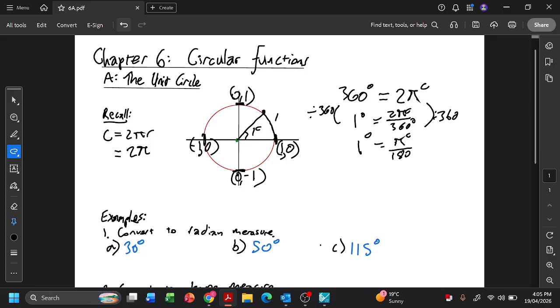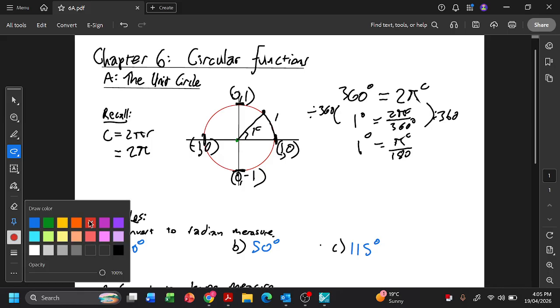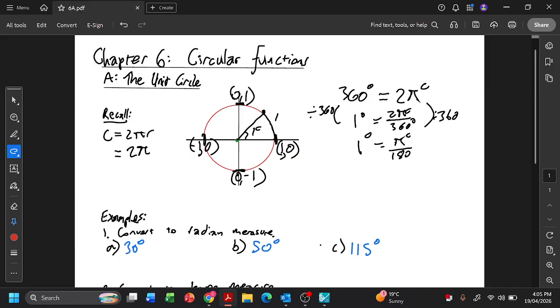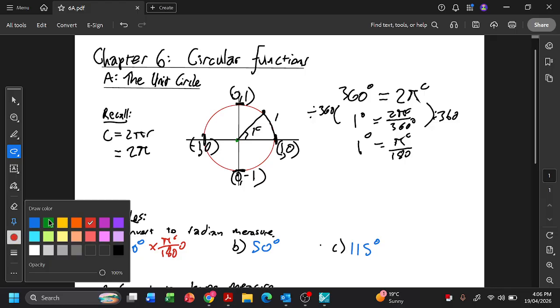So if we know that 1 degree is equal to pi radians over 180, we can then use that for our conversions. So for example, if we're trying to convert from degrees to radians, we can go ahead and multiply by this pi over 180 ratio. If we multiply by pi radians over 180 degrees, you're going to notice that the units cancel out.